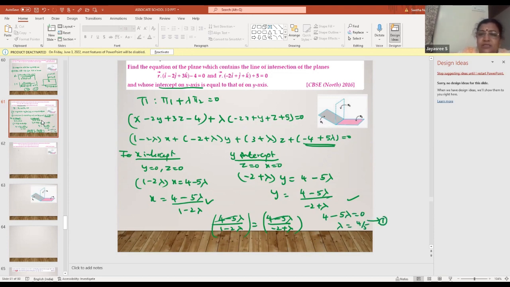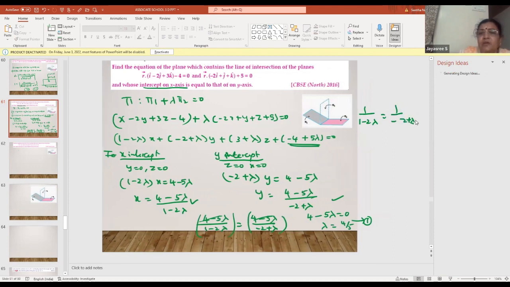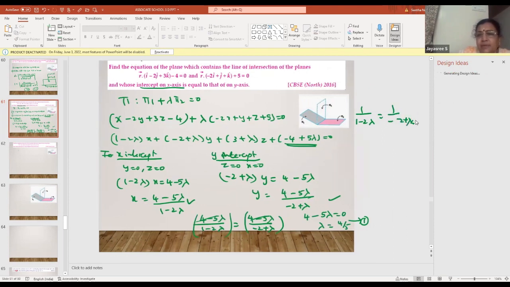And the second solution is if they cancel, 1 by (1 minus 2 lambda) equal to 1 by (minus 2 plus lambda). So minus 2 plus lambda equal to 1 minus 2 lambda. So you get 3 lambda is equal to 3, lambda equal to 1. So two values will come, so two equations come in this also.